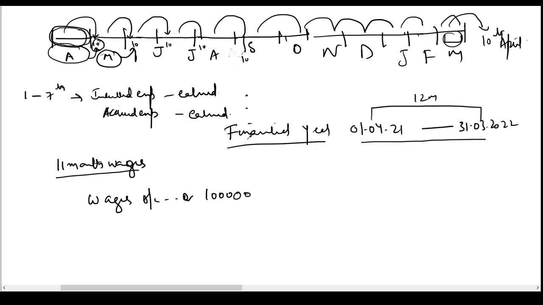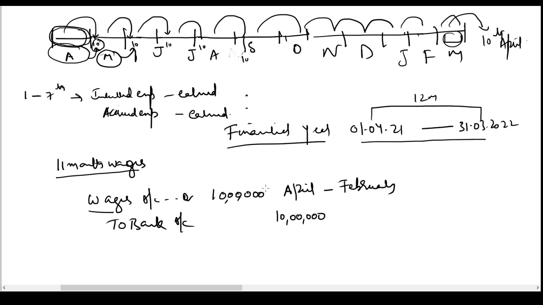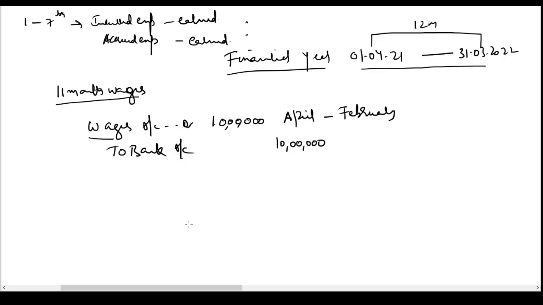So 10 lakh rupees I have paid, let us say through bank. I would have recorded it as an expense in my books of account. These are wages for the months of April to February. So wages for April to February have been paid during the year, so they have been recorded as an expense. Now, what about the wages for the month of March?